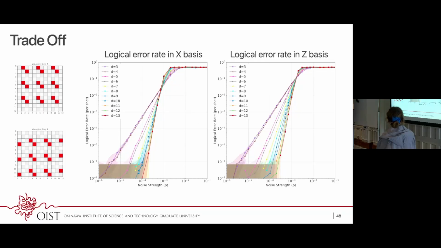We can see that in the X basis, we have a threshold loss, and in the Z basis, we actually have a performance increase. So there's an obvious trade-off between how many Z stabilizers you want to preserve and the performance in the X basis and Z basis.